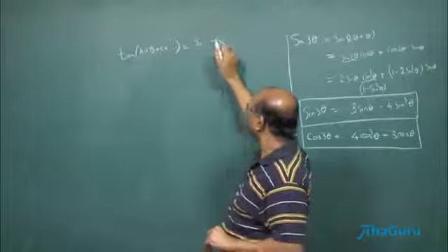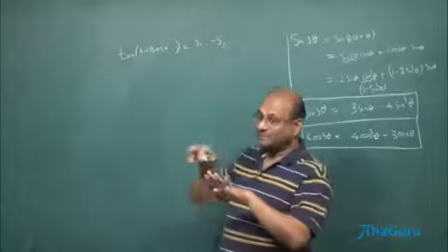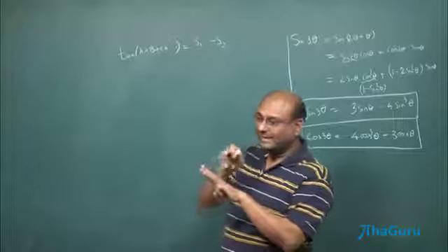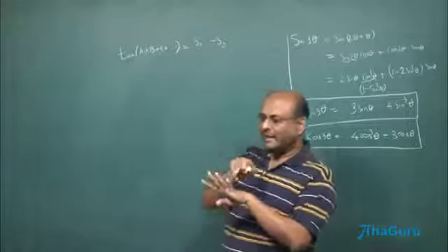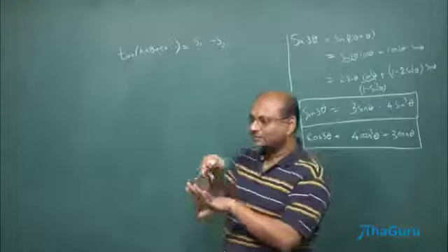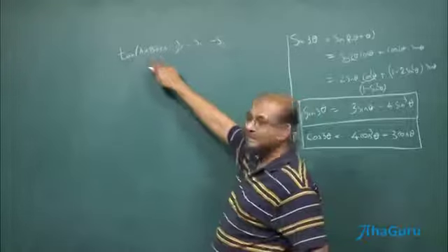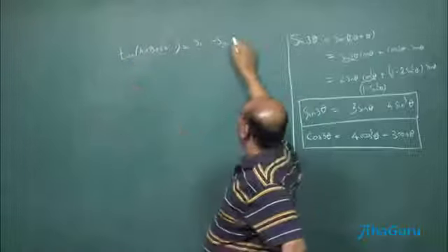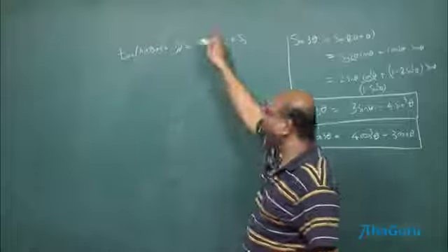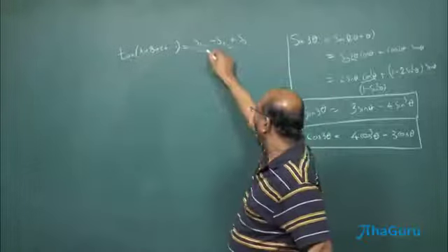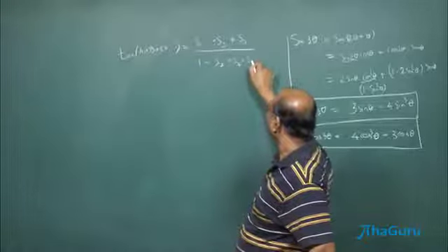S3 basically means take three terms together: tan A tan B tan C, tan B tan C tan D, plus tan A tan B tan D, and so on, so on. You get the idea? So all possible combinations of three terms. If you have 5, S5; sometimes you may not have 5 things, in which case it will end wherever it stops. Divided by 1 minus S2 plus S4 minus S6 and so on.